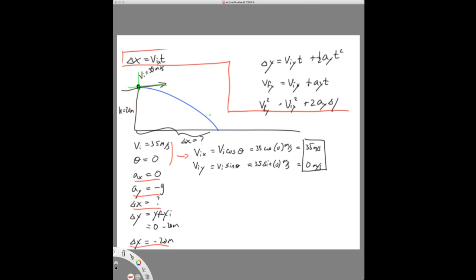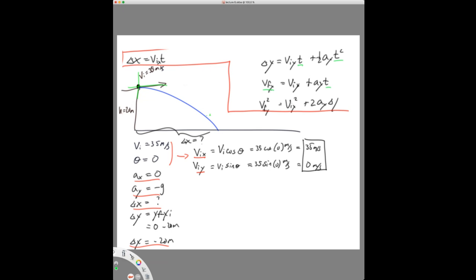Okay, so now that we found Vix and Viy, we have information about 6 of the 9 variables. Which variables do we not know anything about? Well, we haven't said anything about the time, and we haven't said anything about VFY, and we haven't said anything about VFX.